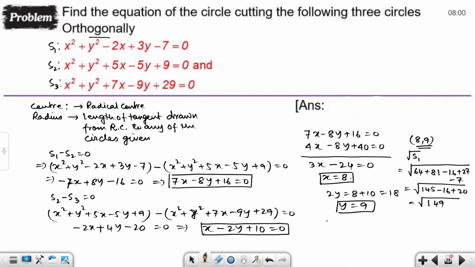Thus, the equation of the circle becomes, by using the center-radius form, so let me open the brackets.